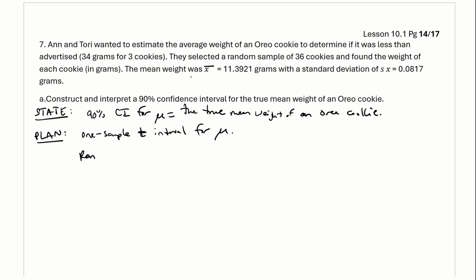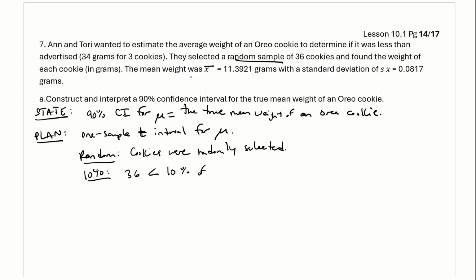So random condition. Cookies randomly selected. All right, 10%. 36 is less than 10% of all Oreo cookies.